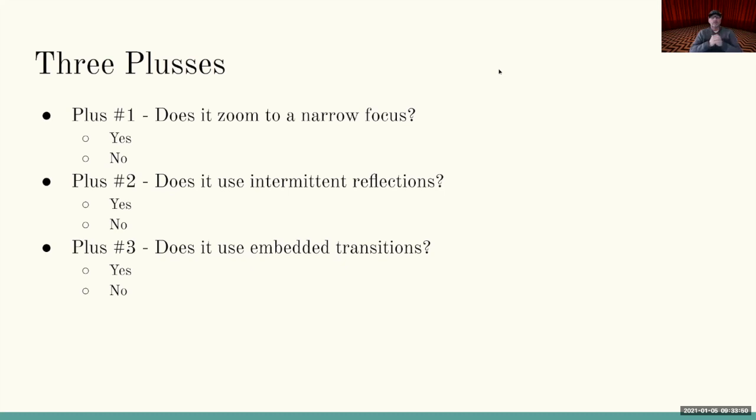Number 3, does it use embedded transitions? As 6th graders, we're obviously a little more evolved, a little more experienced as far as writing, or at least we should be, or many of us are. A hallmark of more advanced writing is embedding those transitions.